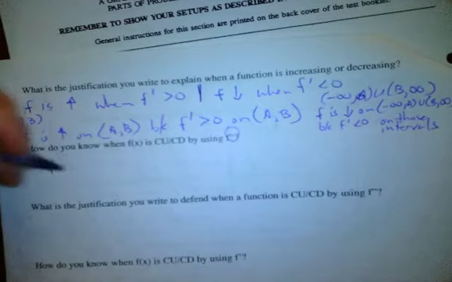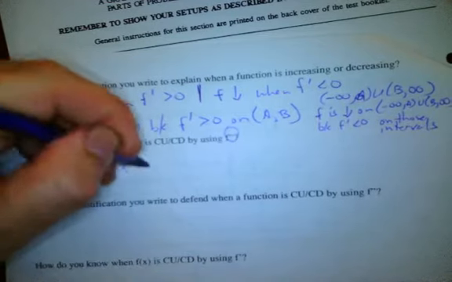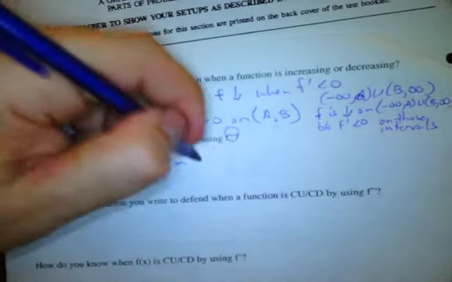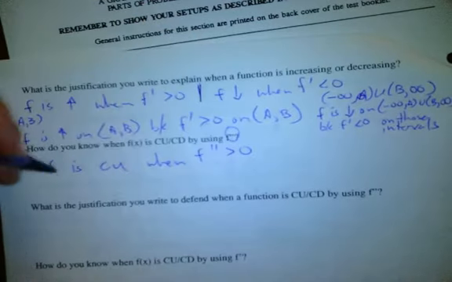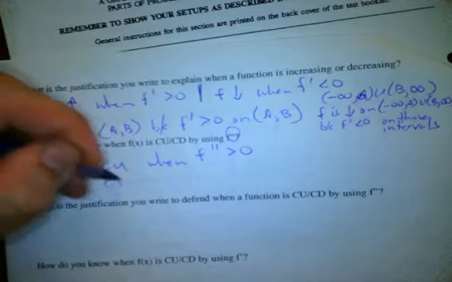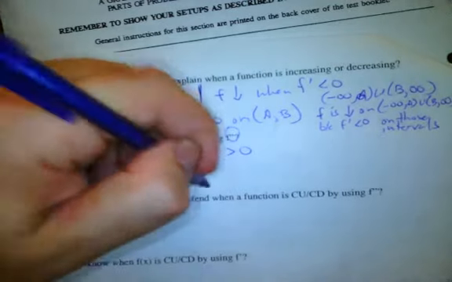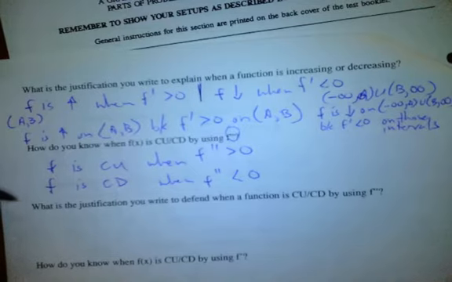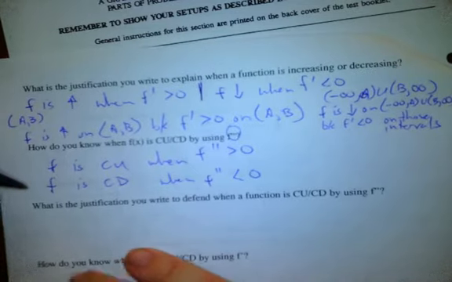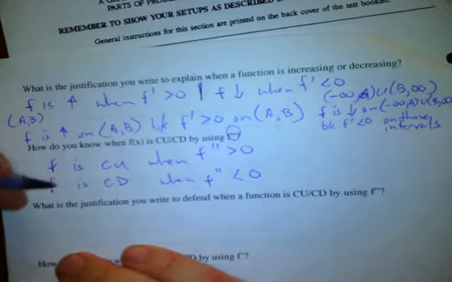Okay. How do you know when f of x is concave up or concave down by using f double prime? Well, f is concave up when f double prime is greater than 0, and I know that f is concave down when f double prime is less than 0.